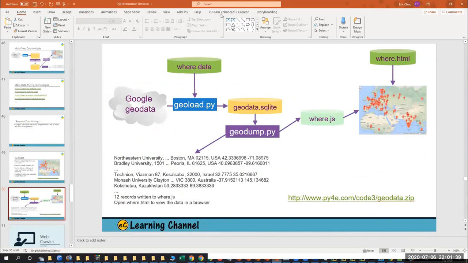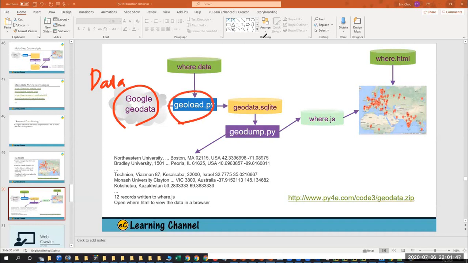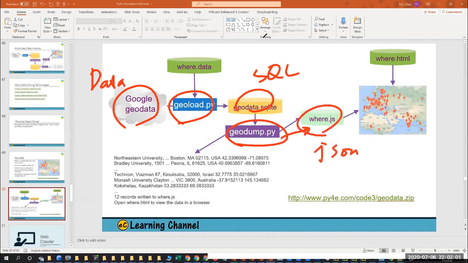So what it is: I get the data source from Google data, and I process it with my geoload, and then I create a database in SQL format. Then I use geodump to dump it to a JSON file format, and then my HTML shows it.